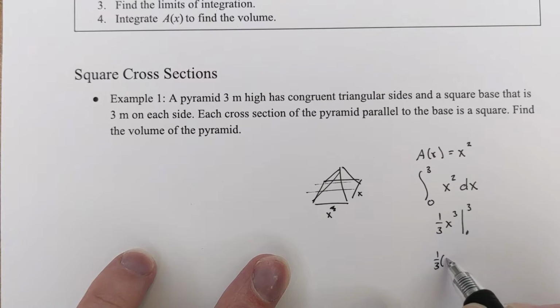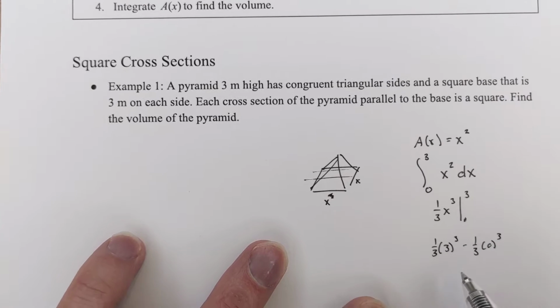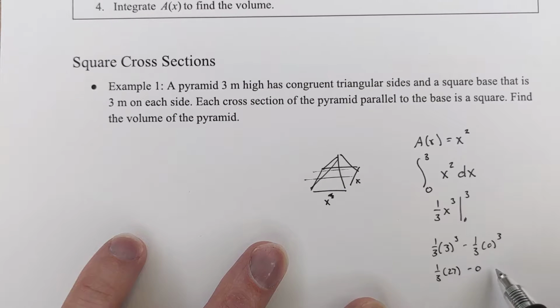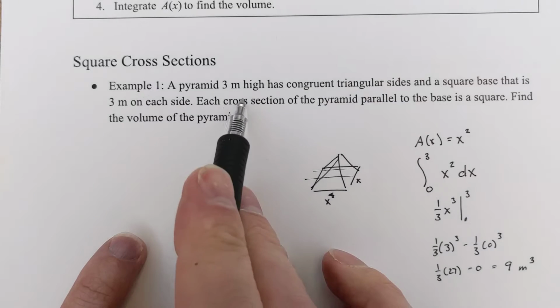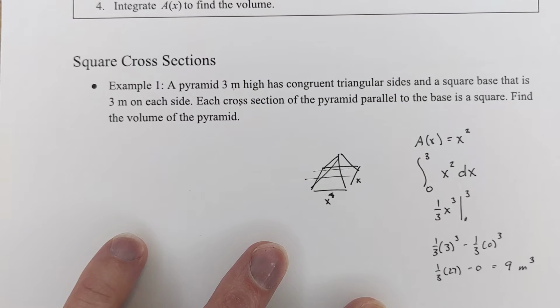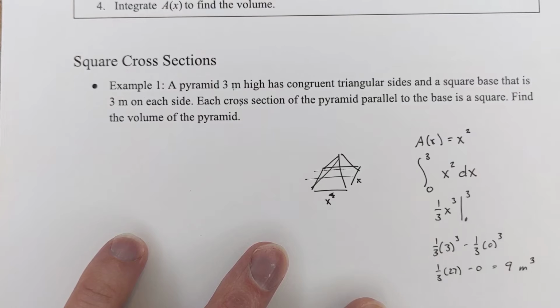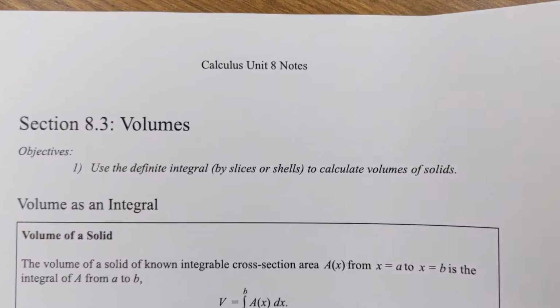That's 1/3 times 3 cubed minus 1/3 times 0 cubed, so 1/3 times 27 minus 0, which is 9. The units are meters, so this square-based pyramid has a volume of 9 cubic meters.